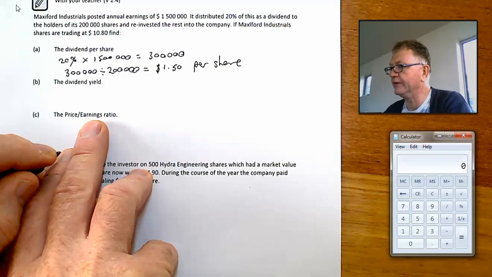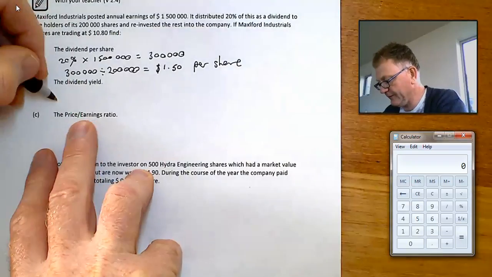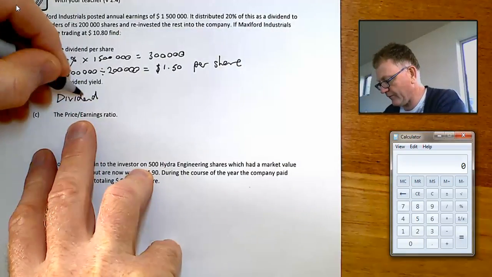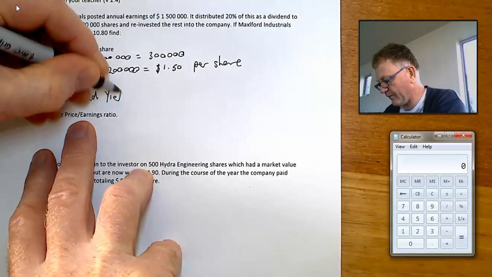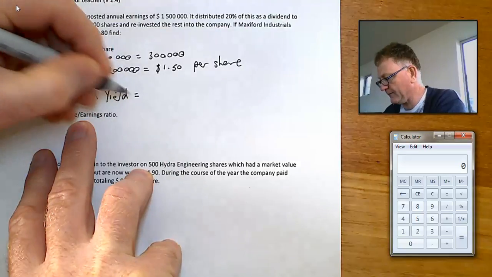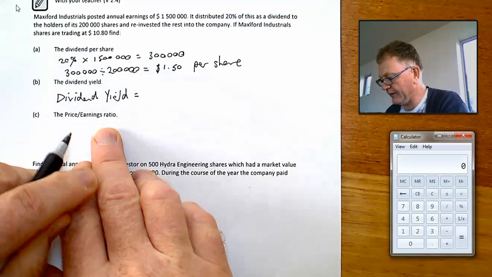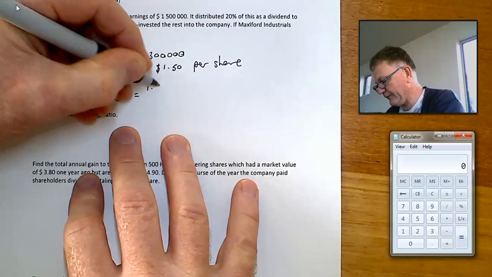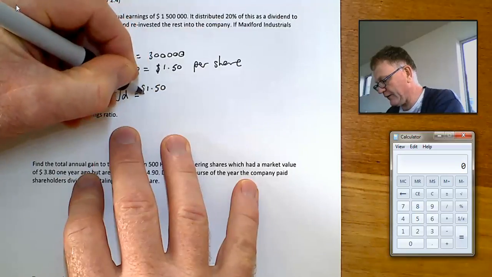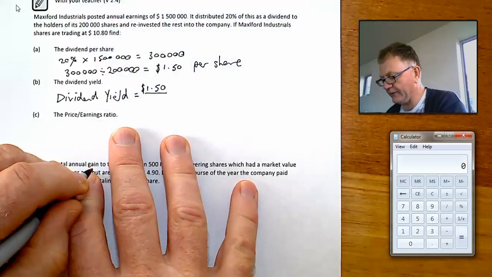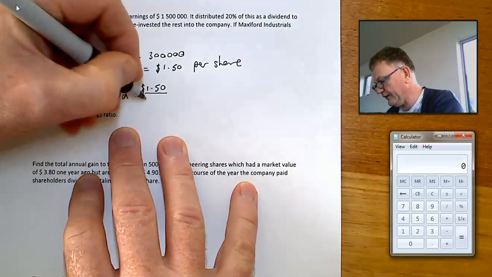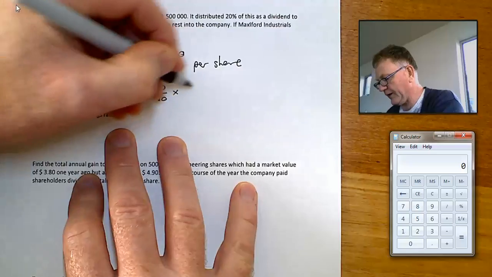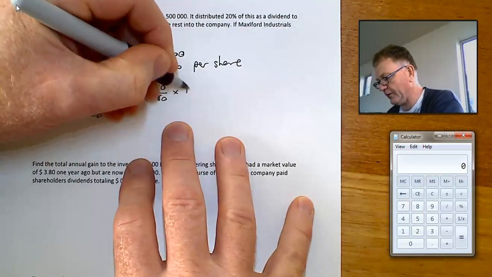Now to work out the dividend yield is equal to the dividend per share, so that's our $1.50, divided by the market value of the shares, they're worth $10.80, and express that ratio as a percentage, so times by 100%.